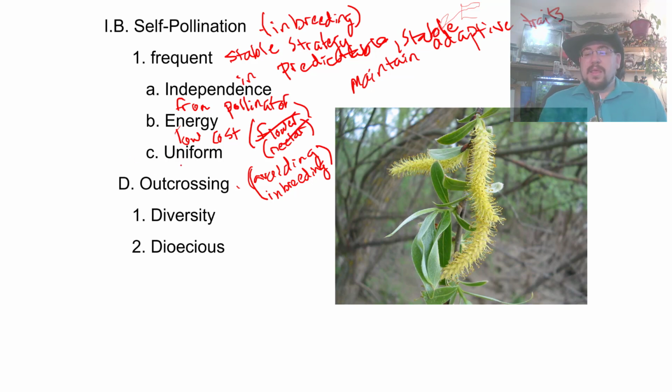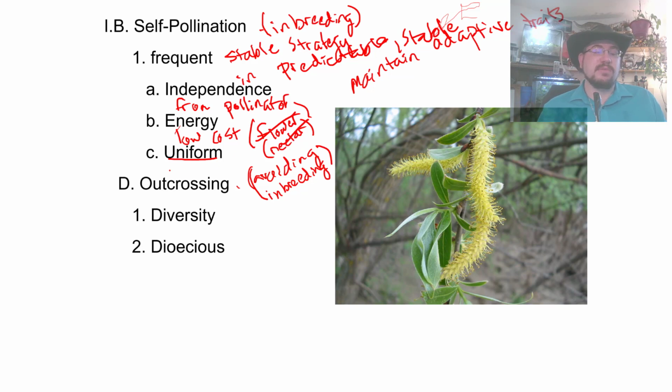And finally, this is the whole maintains adaptive traits. We have sort of a uniform phenotype where we maintain our adaptive traits. So, great for maintaining your specialized adaptations to the area you live. However, outcrossing is a necessity in a lot of plants.